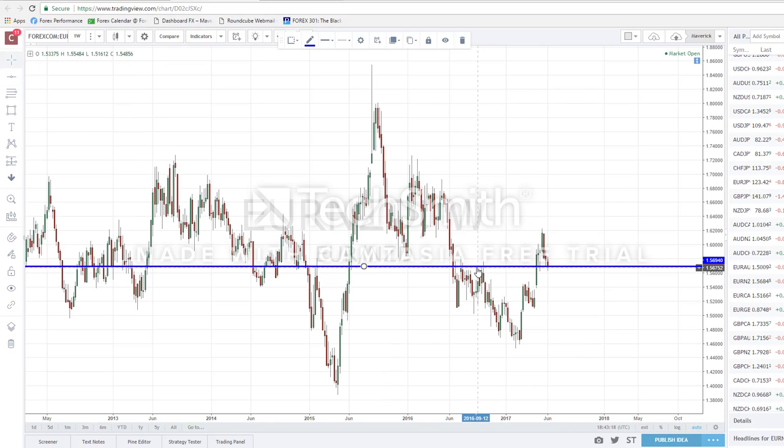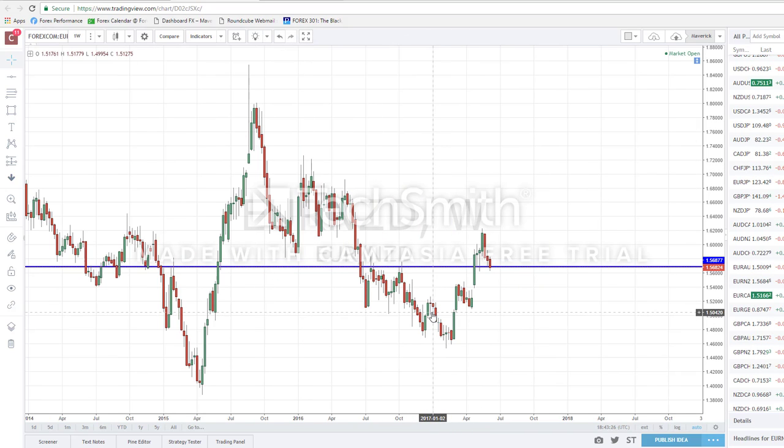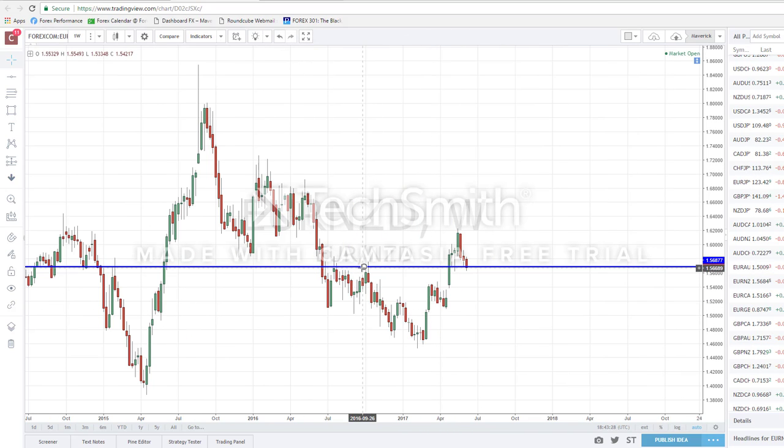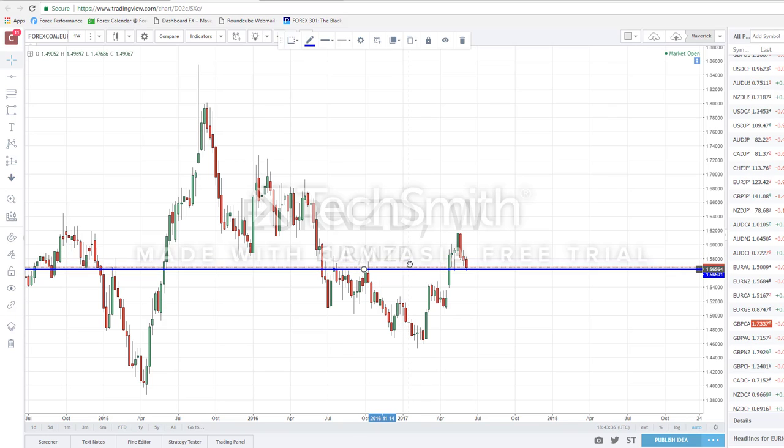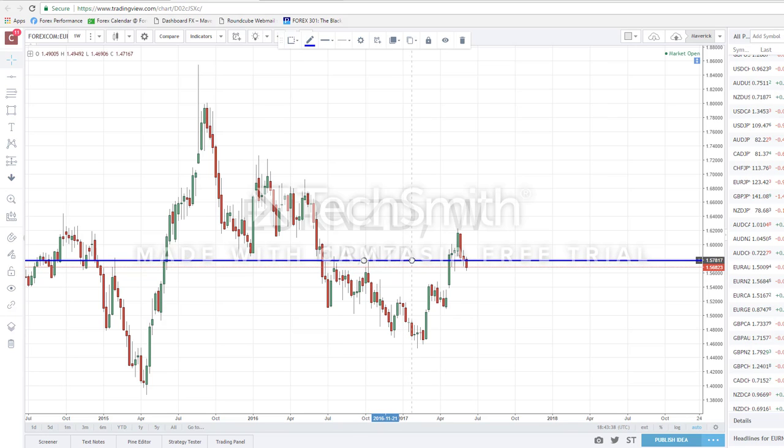So there's going to be my weekly. And again, because this is not an exact point, it's just an area, what I'm going to do, personally, a lot of people do this their own way, but this is how I do it. I'm going to find the area of this point where there's the most things touching it, okay?